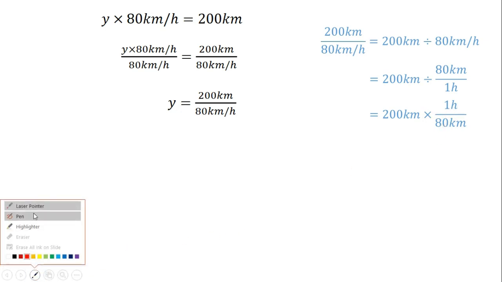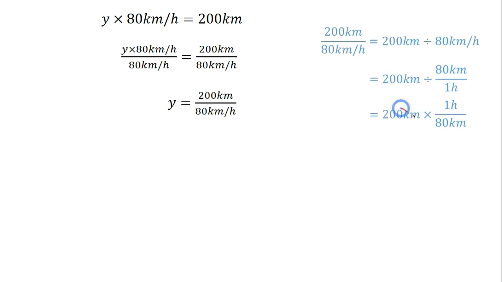Now when you do that, you will see that kilometers and kilometers will cancel each other out. 200 here is the same as 200 divided by 1. So you have 200 times 1 hour, which will give us 200 hours, divided by 1 times 80, which will give us 80. 200 divided by 80 will give us 2.5.